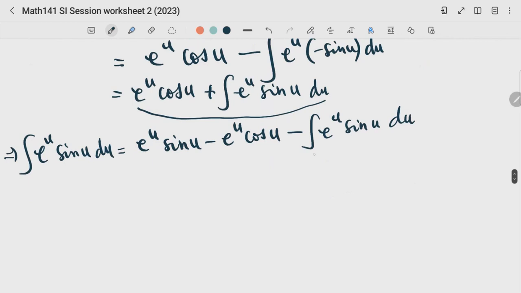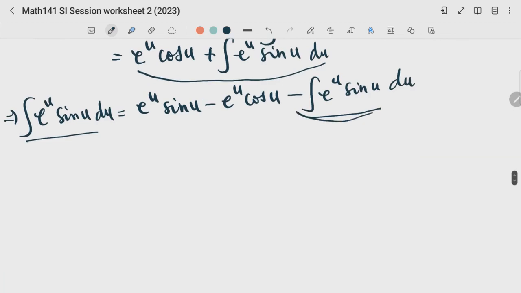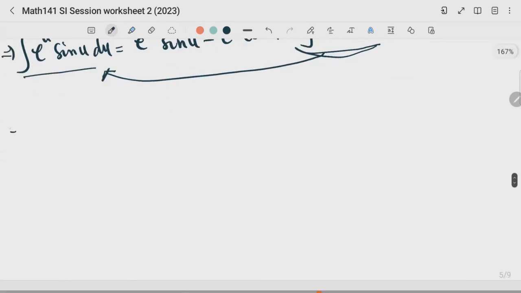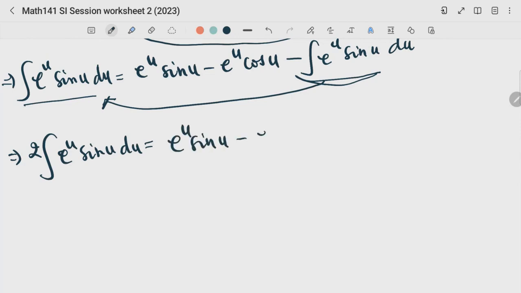Now, as you can see, this expression is common between the two. So let's put them together. We'll take this expression to the left-hand side of the equality. Then we'll have those two expressions, which are the same, so that would become 2 times the integral of e to the u sine u du being equal to e to the u sine u minus e to the u cos u, right?